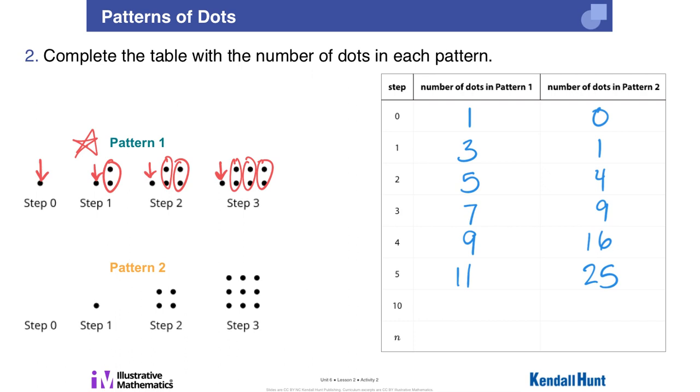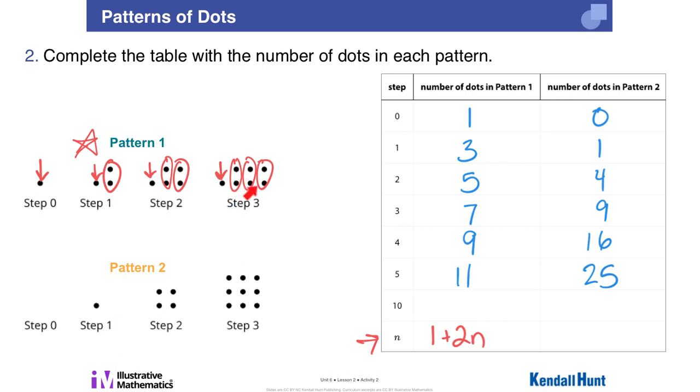And so I'm looking down here at n, which means we're going to write the equation to figure out how many dots are in any step number. And again, I'm noticing that I'm always starting out with that 1 dot, and then I'm adding on 2 dots, and how many times I'm adding on 2 dots is the same as the step number. Here I added 2 groups of 2 dots in step 2.